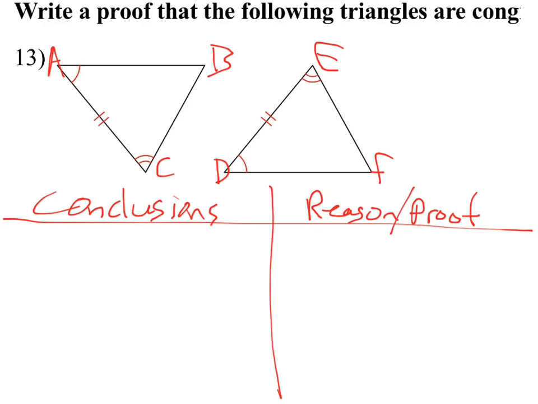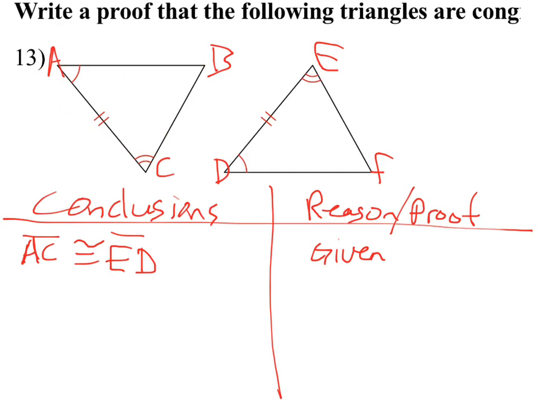And just based off the tick marks, I already know things. For example, AC is congruent to ED, so I'm going to add that. And if it's right on the picture for you to look at and use, that's a given. It's in the picture.